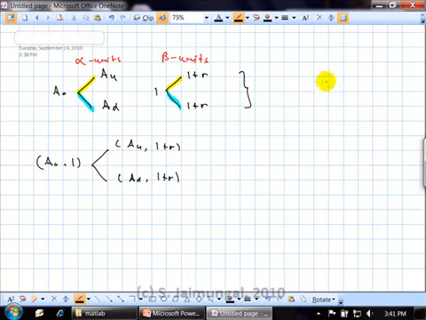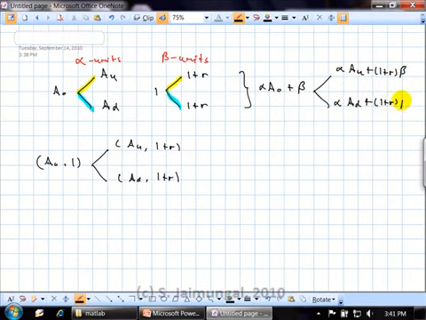The net result is simply alpha times A0 plus beta. That's what it would be worth. I had to put that much money in. I get alpha times AU plus 1 plus R times beta, or I get alpha times AD plus 1 plus R times beta.